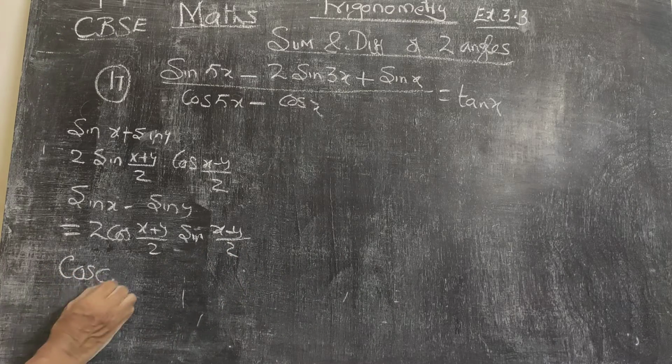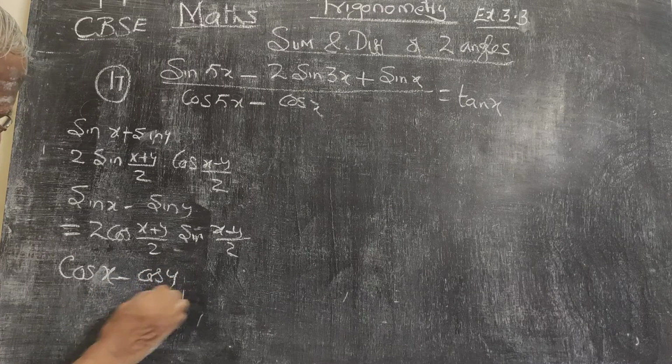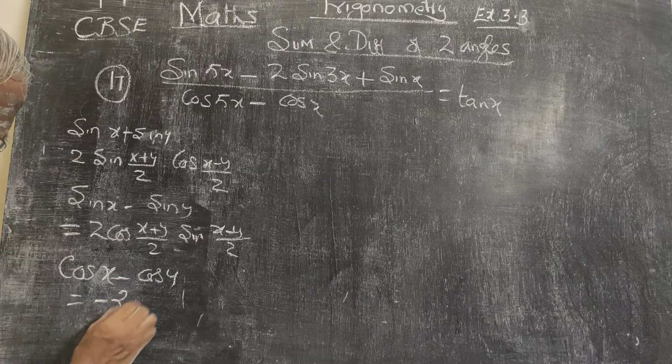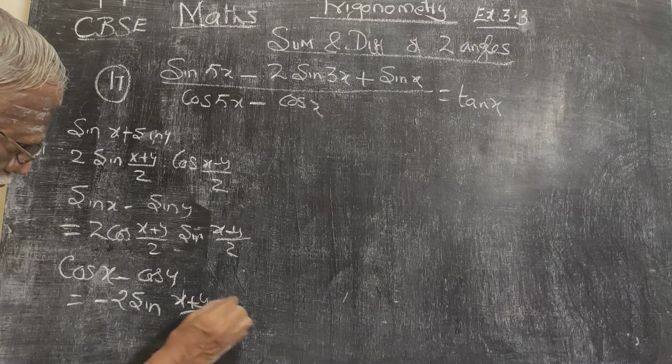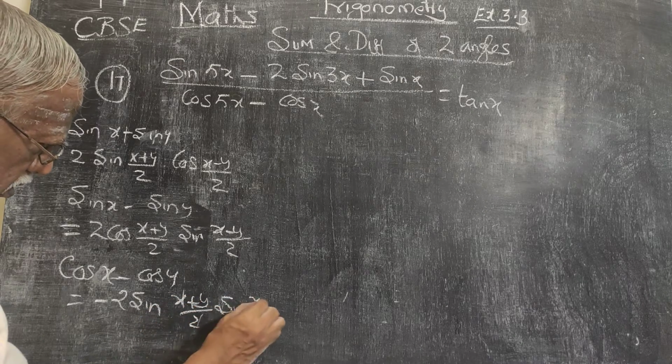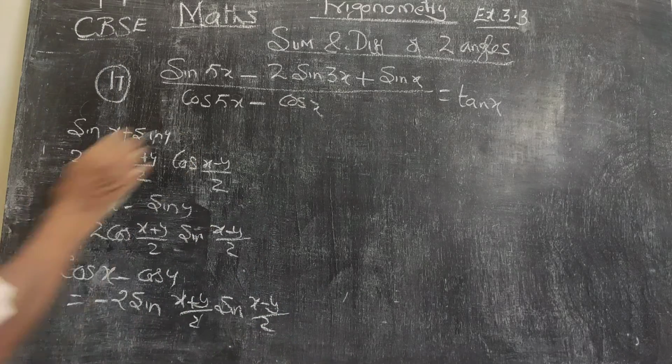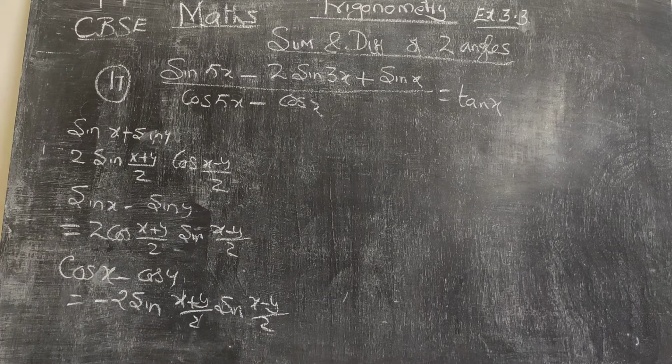If it is cos x minus cos y, minus 2 sin x plus y by 2 and sin x minus y by 2. These are the formulae required for doing this problem.